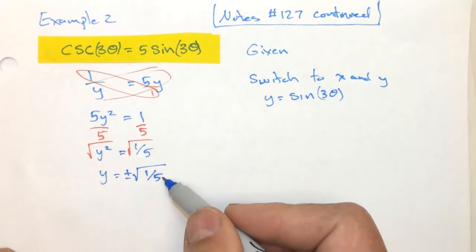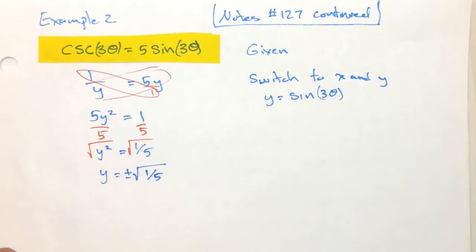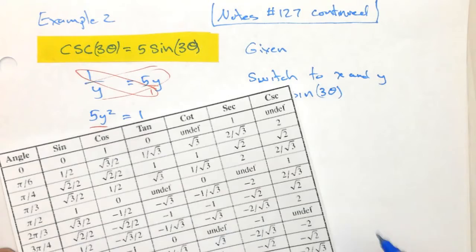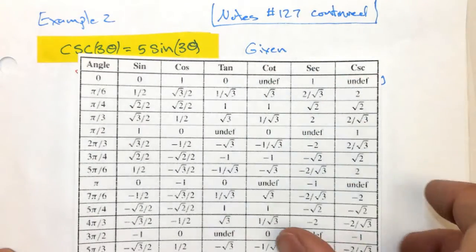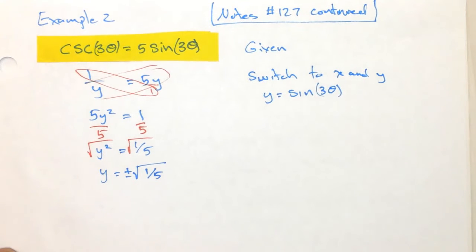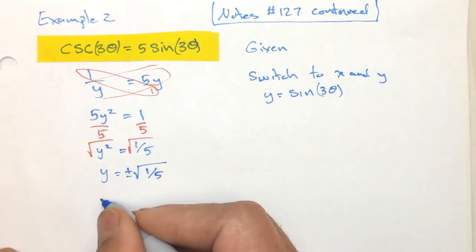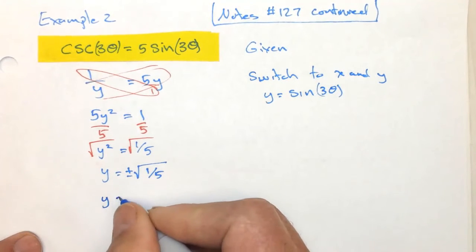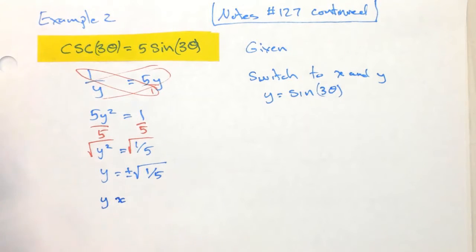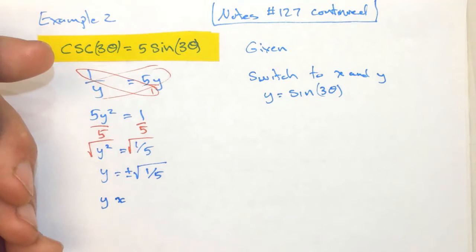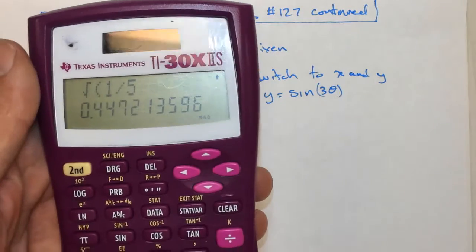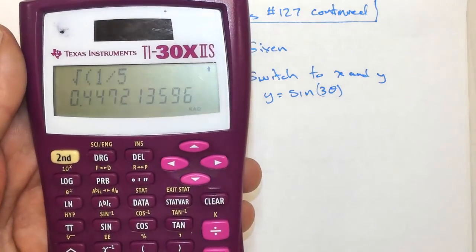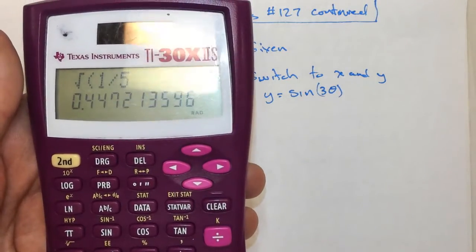Now, that's not a common angle. Look at our table here. There's no square roots of 5 in there. The square roots of 3, but not 5. So we're going to have to get a decimal for this. So let's go ahead and do that. Y is approximately equal to square root of 1/5, and that's 0.447.